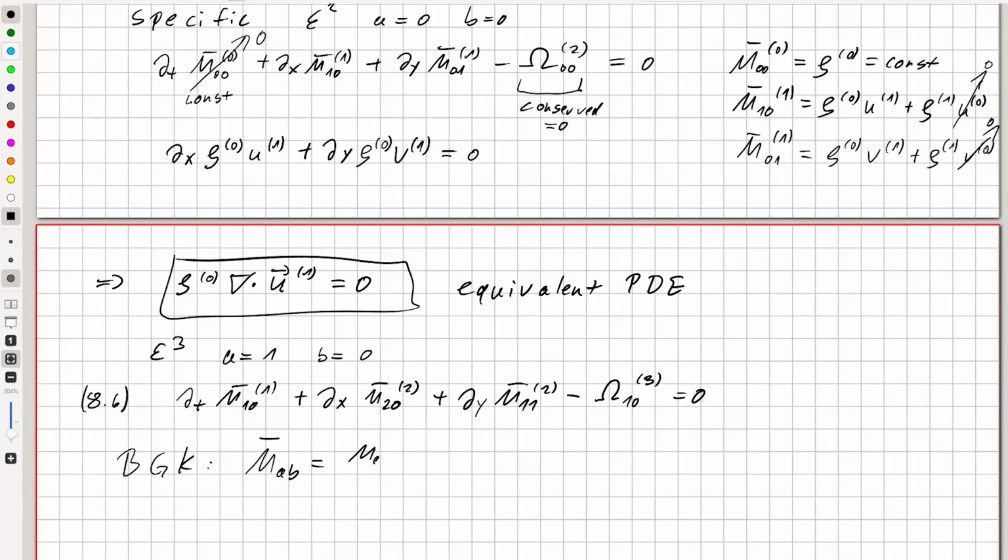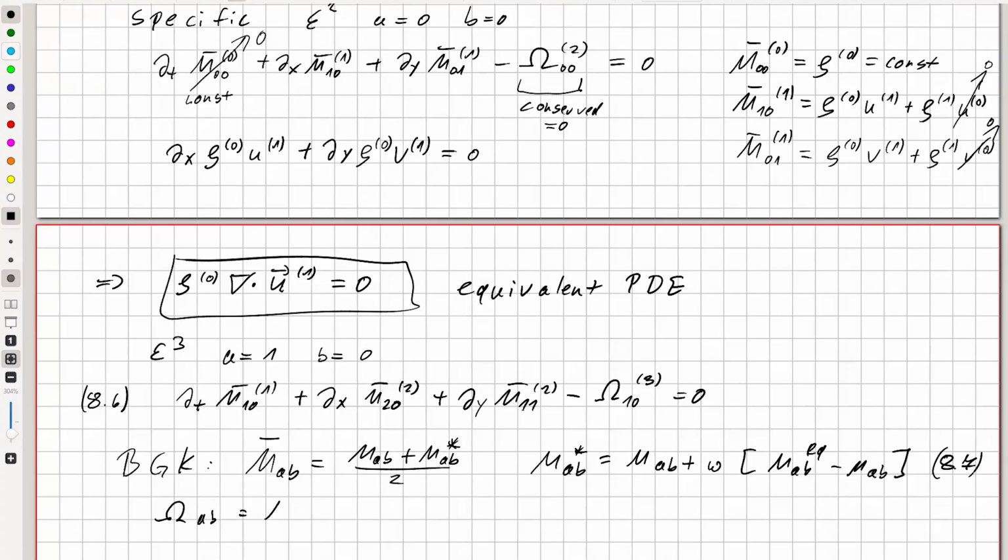So we remind ourselves that we have m_ab bar equal to m_ab asterisk divided by 2, and this m_ab asterisk is m_ab plus omega (m_ab equilibrium minus m_ab). So this is our BGK equation that I call 8.7.